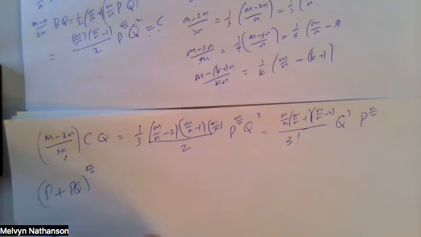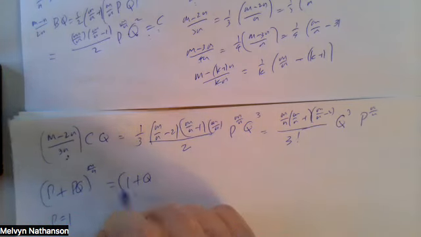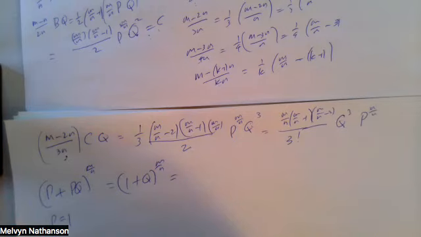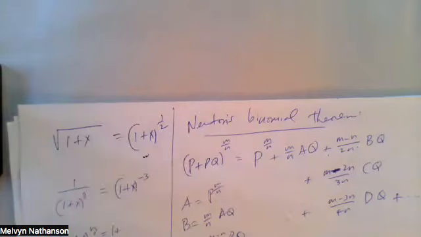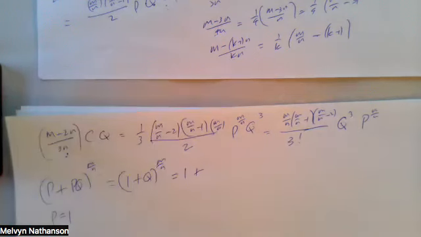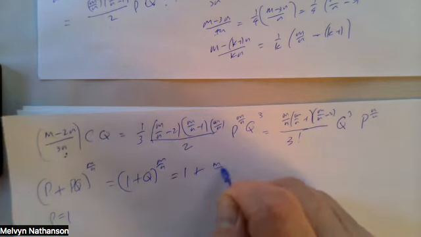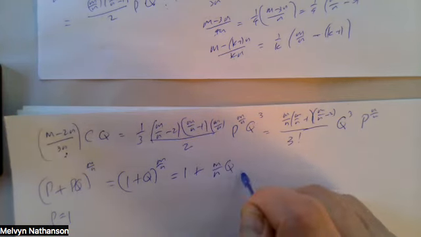To make things a little bit simpler, suppose I let p equal 1. So then this would be (1 plus q) to the m over n. And what we got was the first term was p to the m over n. That's 1. The second term was m over n q.